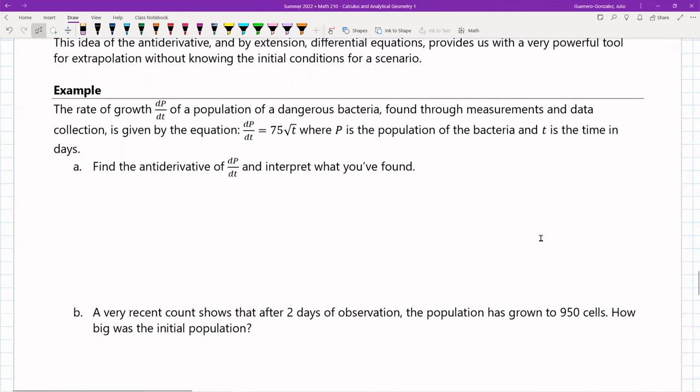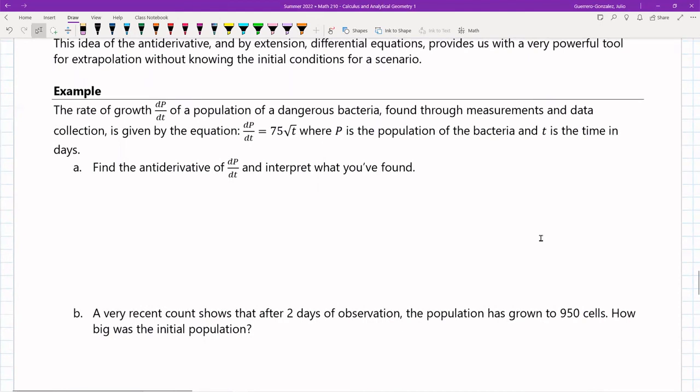Let's say we had a rate of growth of a population of a dangerous bacteria, and we know that the rate of growth is this equation right here, found by measurement. So we're able to measure and measure and measure, and we find that this is how quickly it grows.